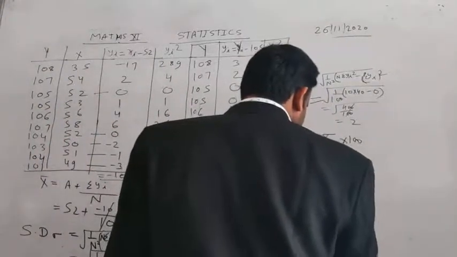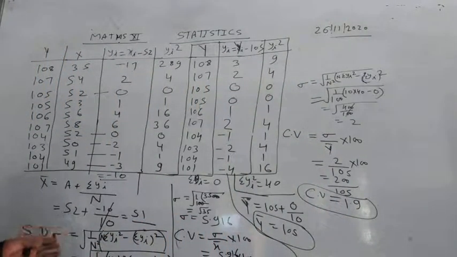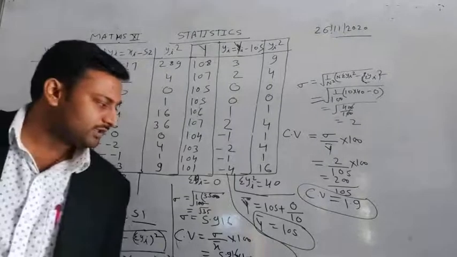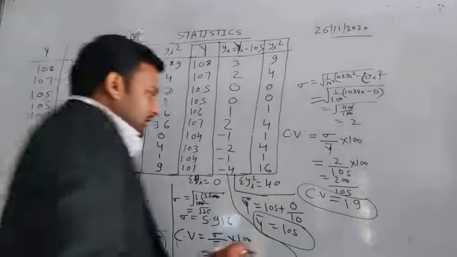So this is the CV for the second, and the CV for the first is 11.6. So the coefficient of variation of cell y is less than the coefficient of variation of cell x. So y is more stable than cell x.